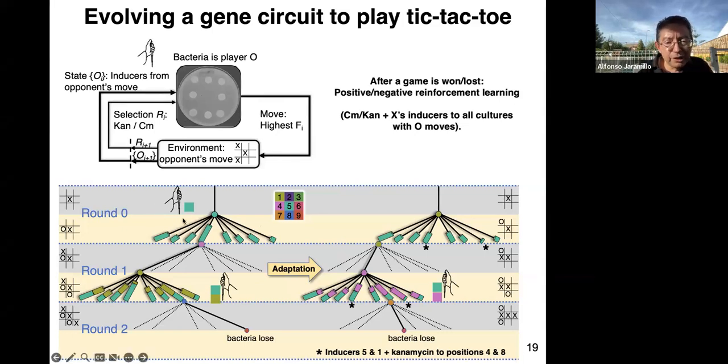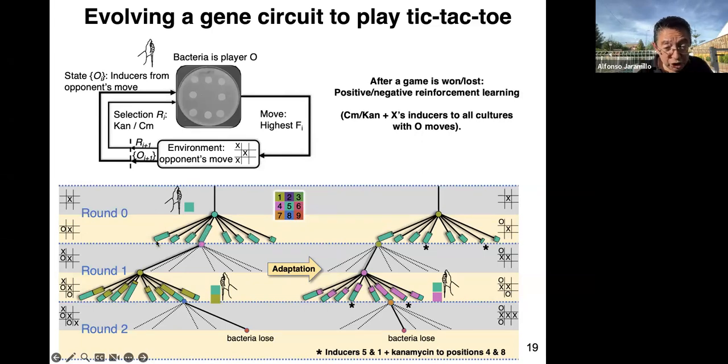In this first inducer here at the beginning, because the opponent plays 5, you put the inducer 5, that is this green color. Then you put it in all cultures, except 5, so all the 8 cultures. And here, it happened that it was the 4th culture that had the highest fluorescence.